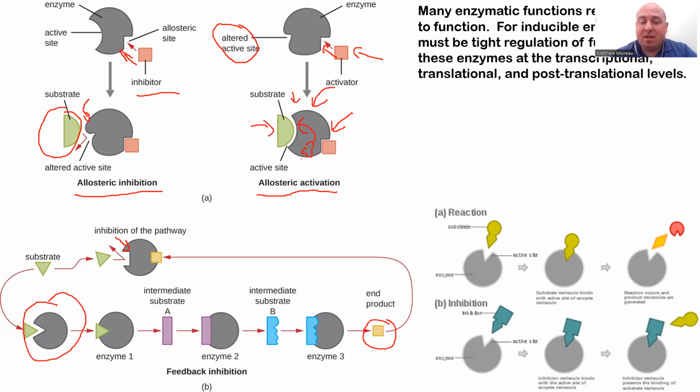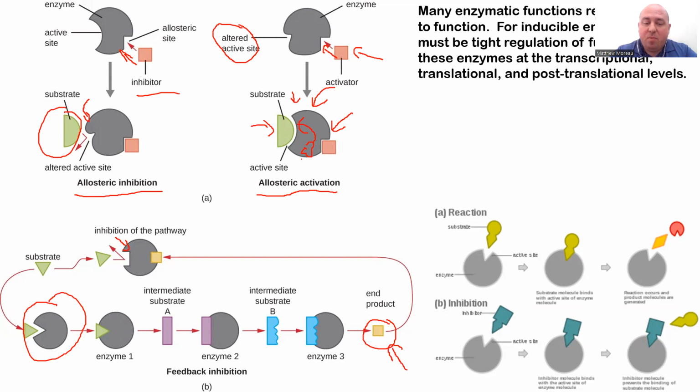And again, because enzyme function is so energetically taxing, when you have enough of this end product, it's really important that you stop producing it. You only want to have enough product to maintain cellular homeostasis.